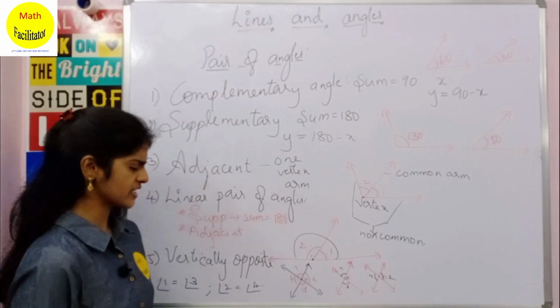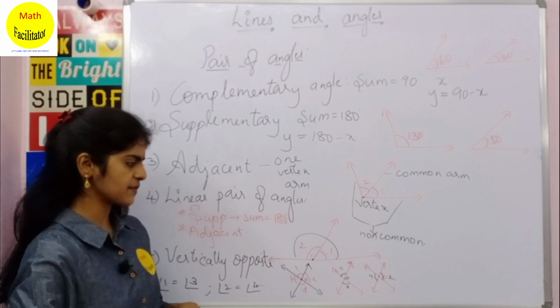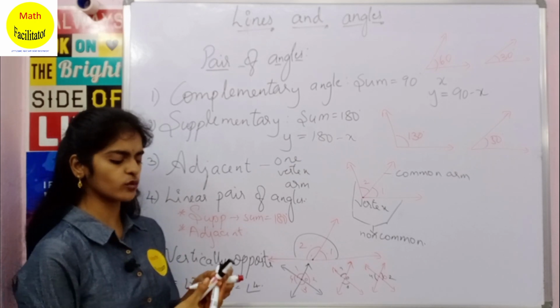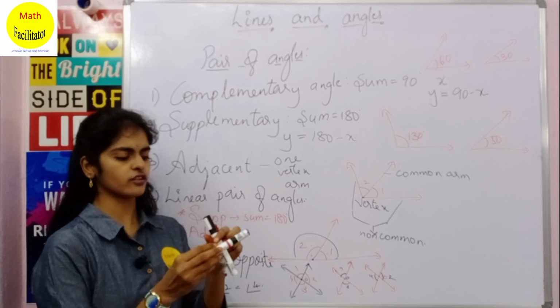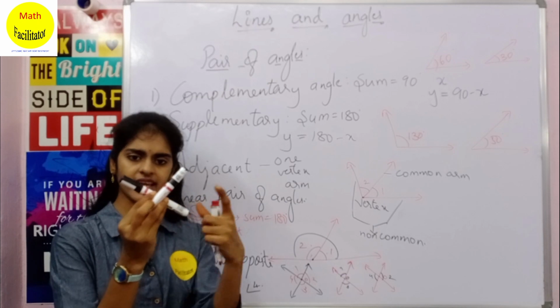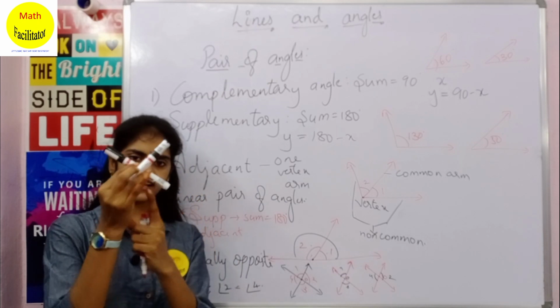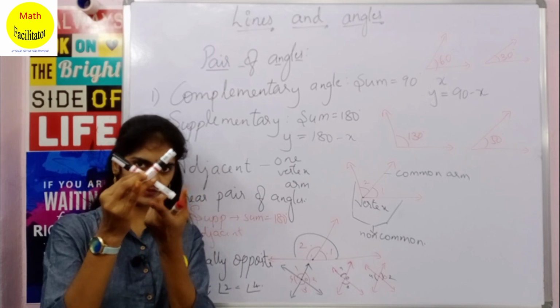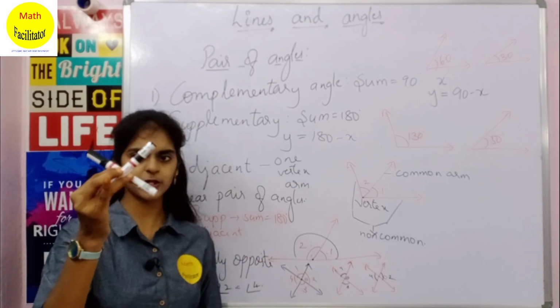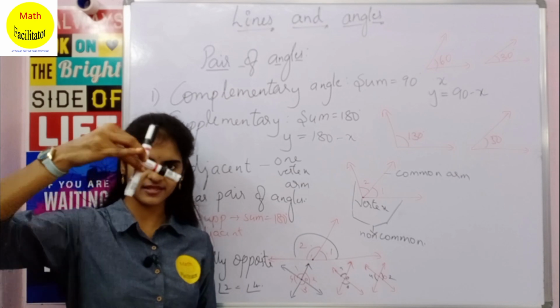It's very simple. Let me take these two markers to explain. Suppose these are the two lines intersecting at this point O. This is angle 1 and here down this is angle 3. Now just rotate this.